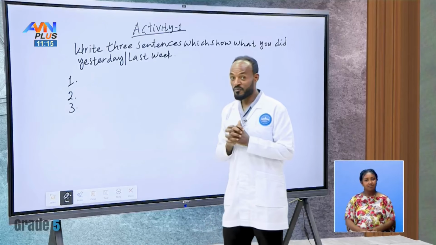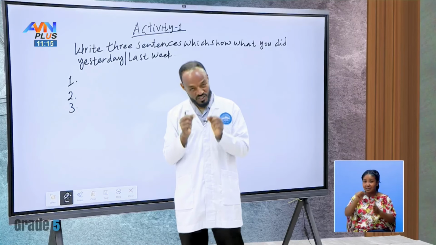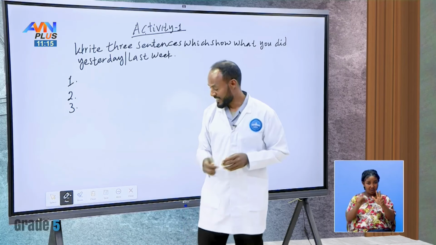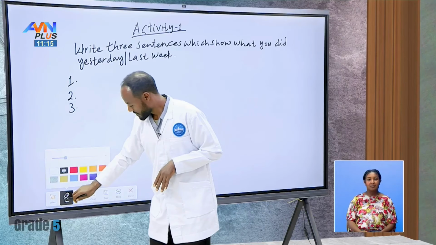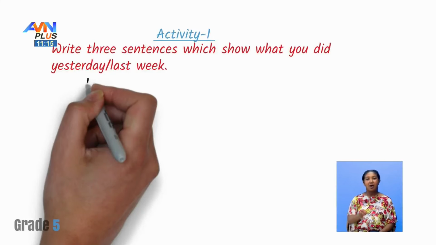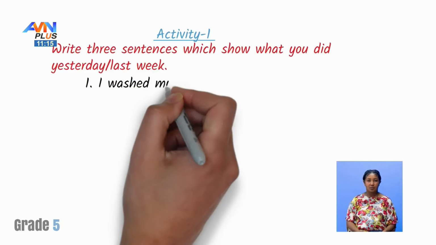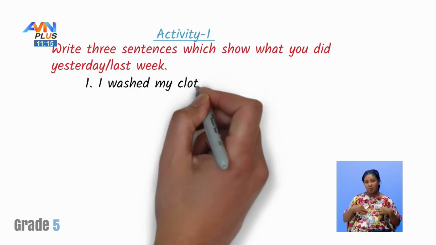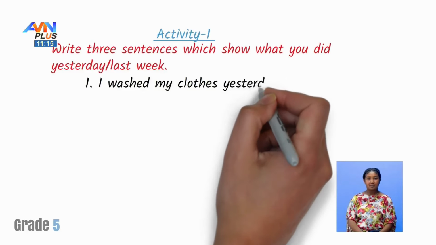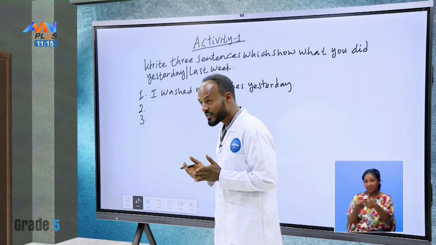Okay, bravo, bravo. I hope you did it. I hope you wrote what you did in the past. Isn't it? Nice. Okay. Tell your parents what you did. For example, when you say here, I washed my clothes yesterday. Look, the second example.